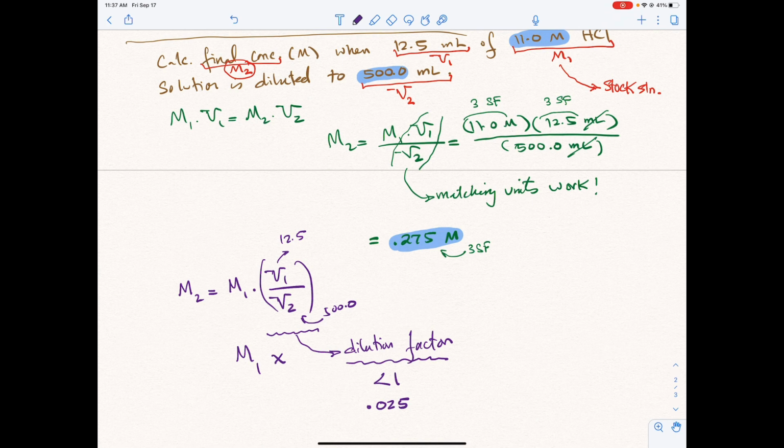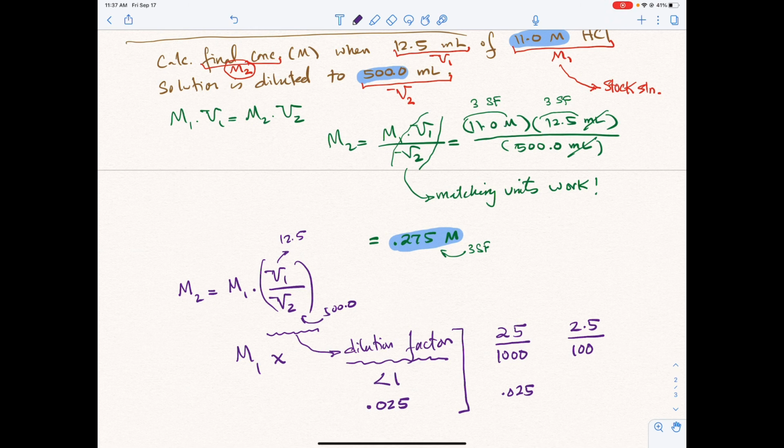And this is also useful in that you can specify any ratios that will achieve the same thing. In other words, 25 over 1,000 is 0.025. Or you could do 2.5 over 100 milliliter.